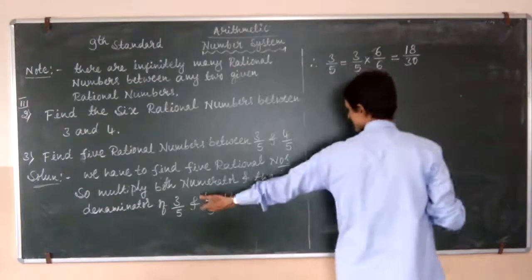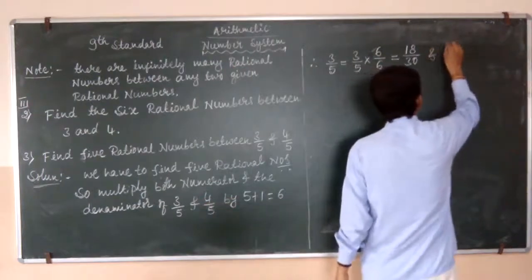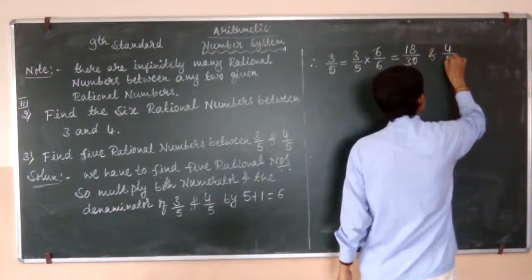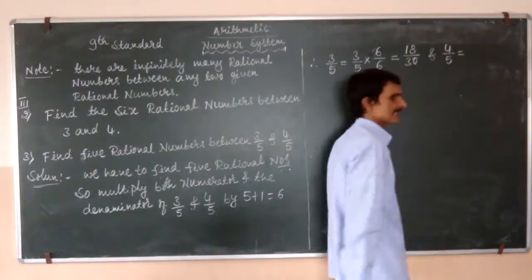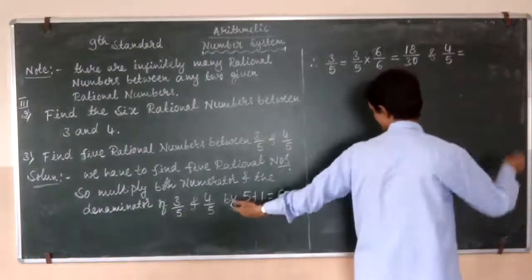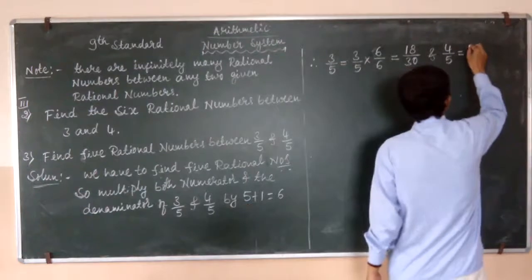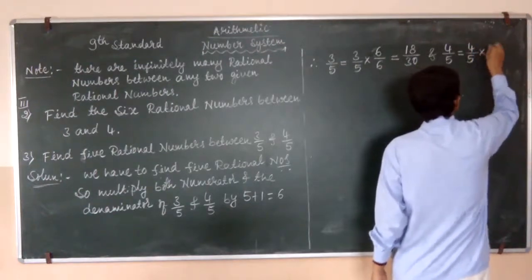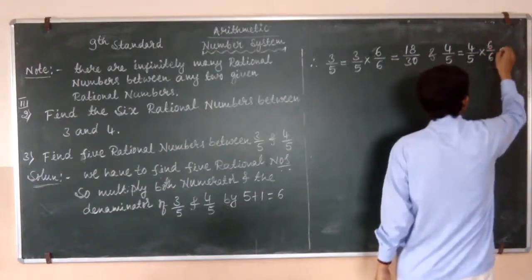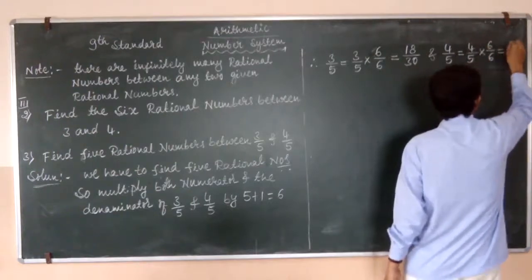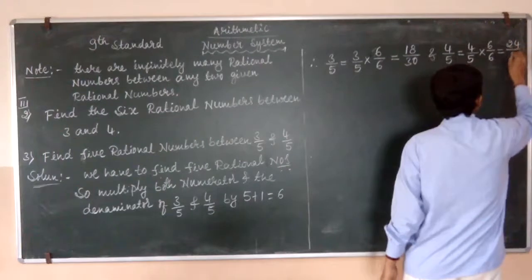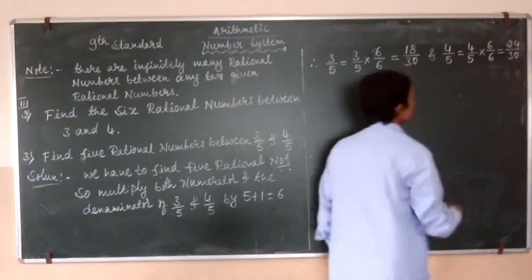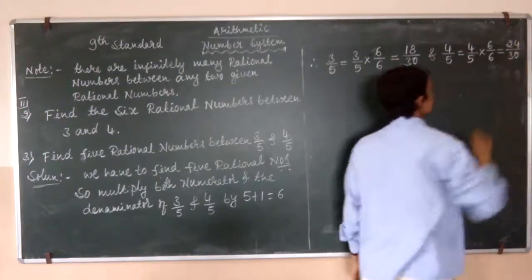And 4 by 5 can be written as an equivalent fraction: multiply 6 to both the numerator and denominator. It will become 6 4s are 24, 6 5s are 30.